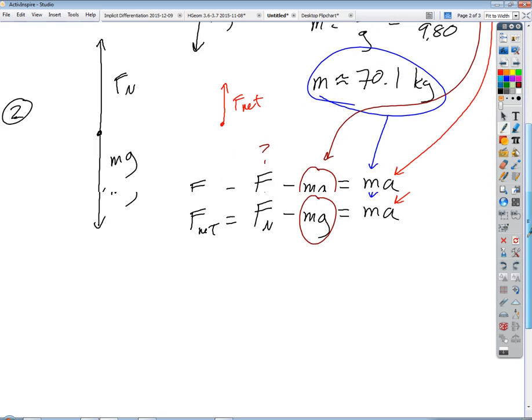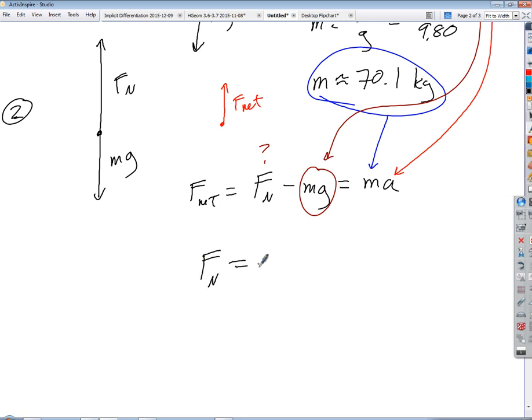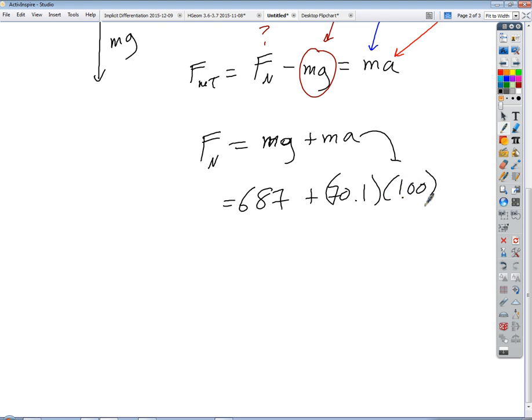Okay, so if we just do a little algebra here, let's solve for normal force. So normal force just equals, if I add mg to both sides, mg plus ma. Let's plug in what we know. The weight was 687, plus m was 70.1, and acceleration was 1.00.